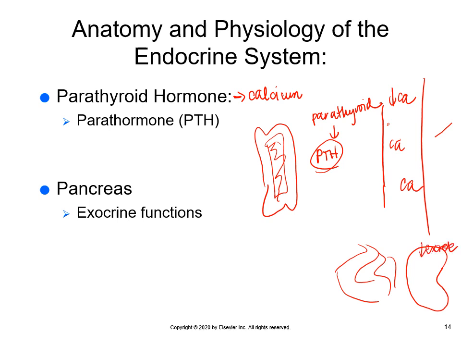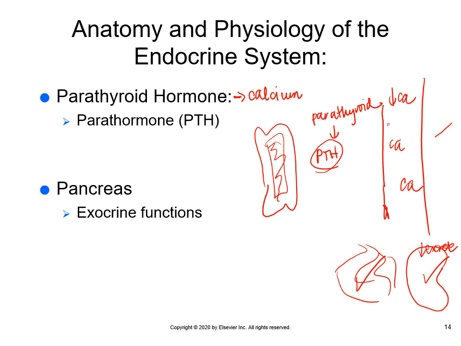Okay, we need to save it because there's low calcium in the blood. Okay, that's one. Right? Now, parathyroid is going to tell the GI, can you increase reabsorption of the calcium? Because I need more calcium here in the blood. It's low, right? So the GI is now going to increase the reabsorption of the calcium.